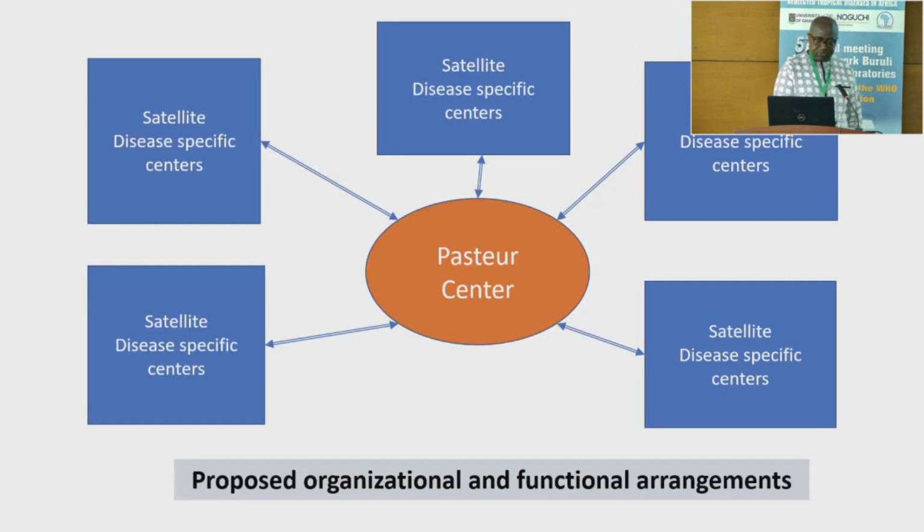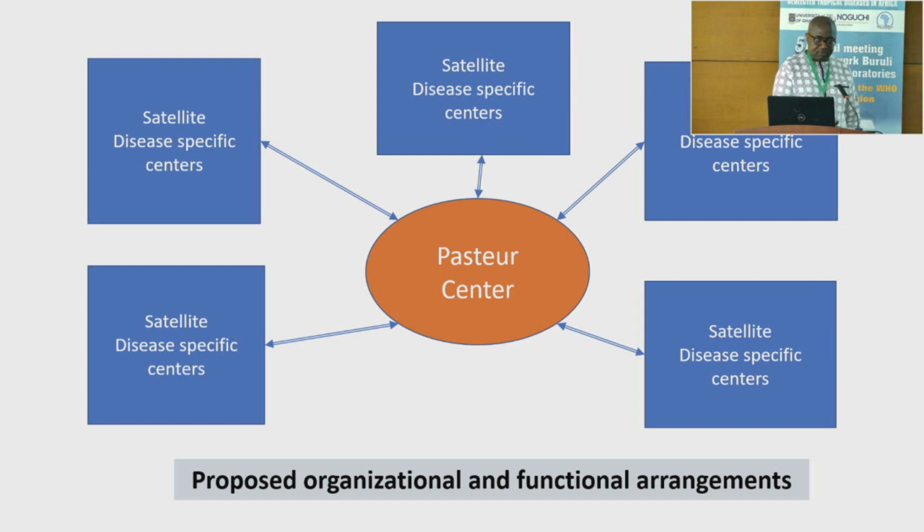But in the future, I think what we should all look at is that each of these disease-specific groups will form what I call satellite links, because we don't expect that Pasteur will be able to deal with all diseases, and it will not be necessary also, because each disease-specific area has its expertise.